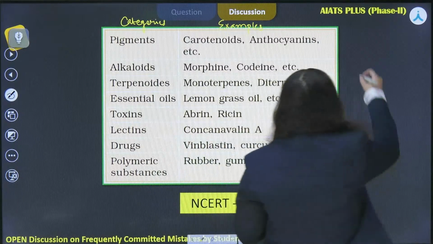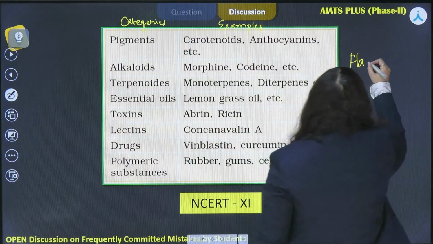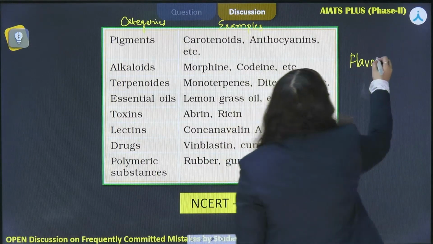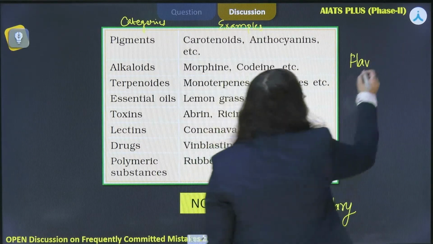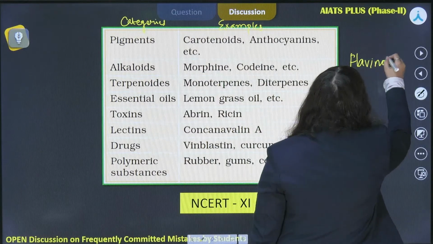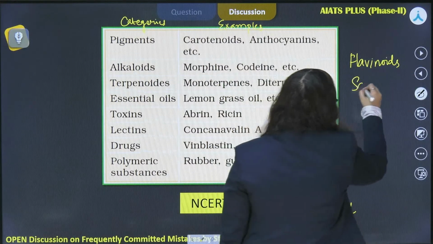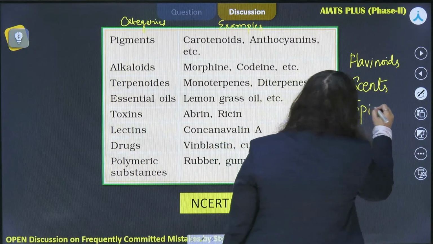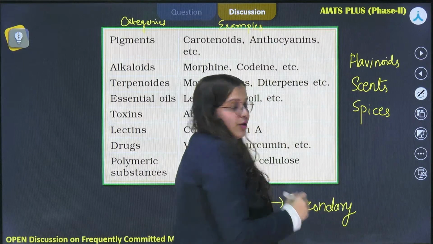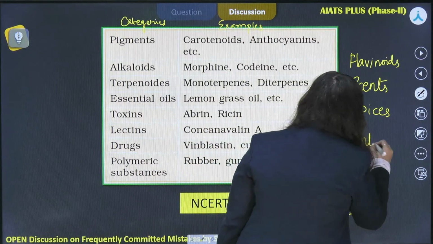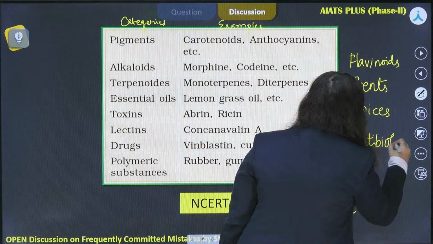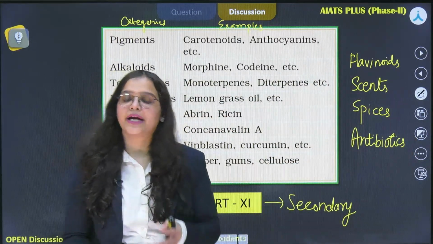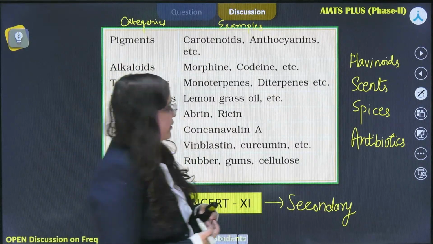The other metabolites which our NCERT mentions are flavonoids, then scents, spices, antibiotics. Now these examples are not mentioned in the table, but you might be asked in the exam, all right.